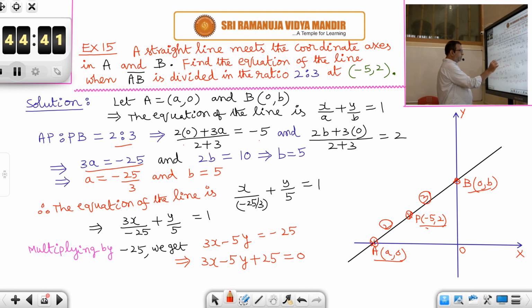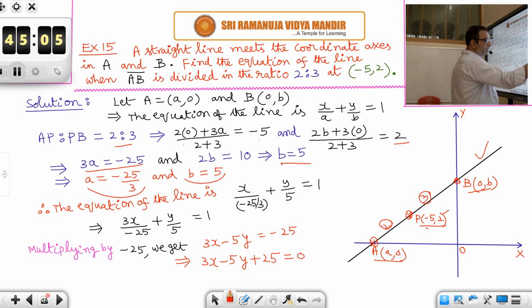3A is equal to minus 25, A is equal to minus 25 by 3. Similarly, equating the y coordinates, 2b plus 3 into 0 by 2 plus 3 is equal to the y coordinate 2. So you will get b is equal to 5 directly. Okay, so A and B you got. What is the equation of the line passing through A comma 0 and 0 comma B?